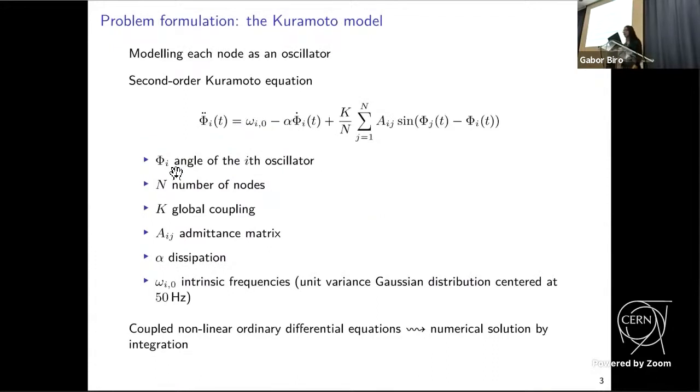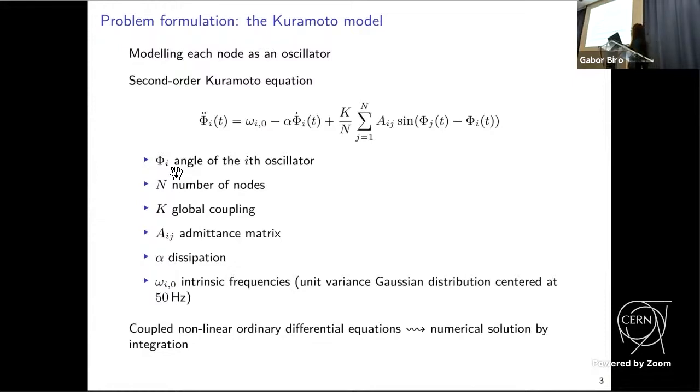Okay, so let me formulate the Kuramoto model mathematically. On the slide, you can see the equation for each node of the graph, for each oscillator.